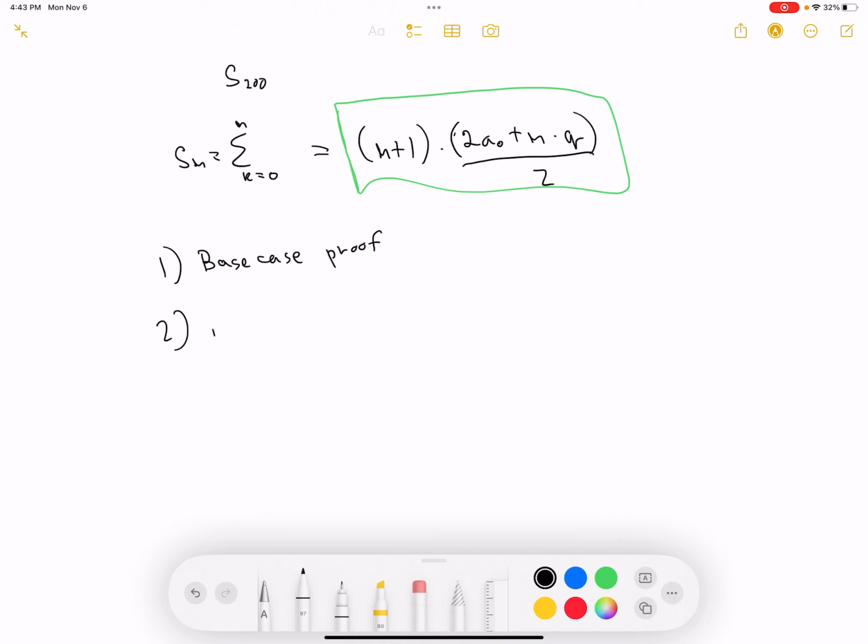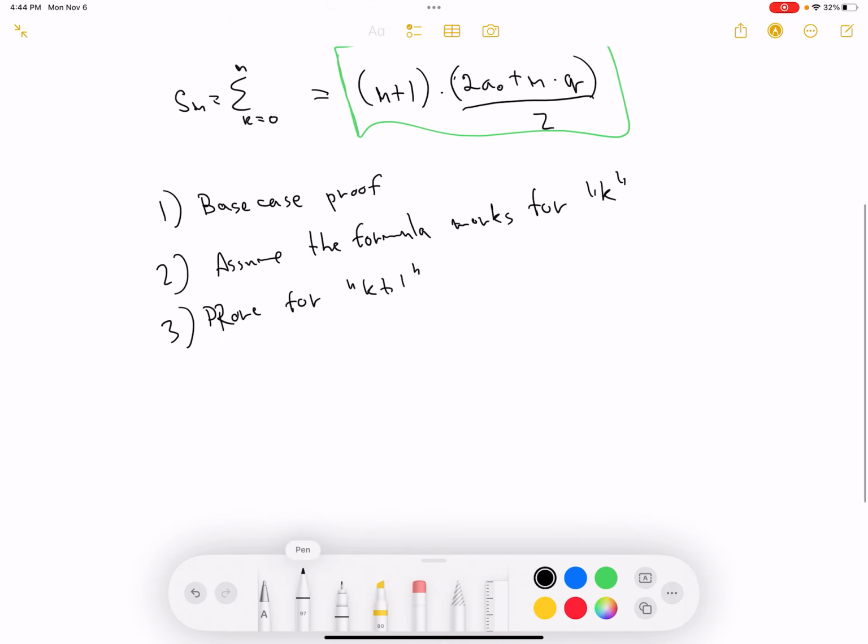Second step would be assume the formula works for k. And 3, prove for k plus 1. Okay.